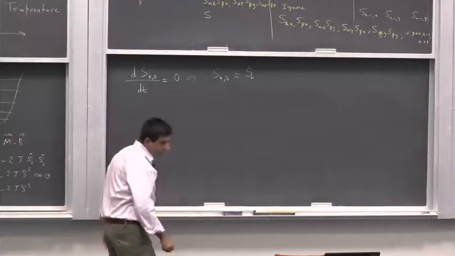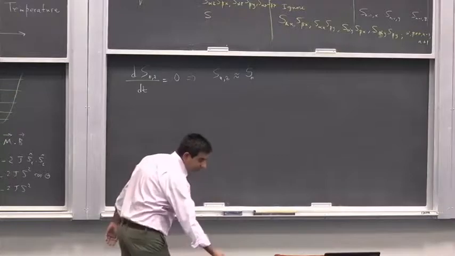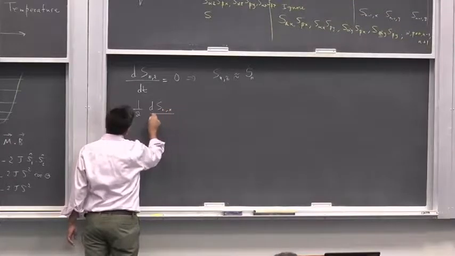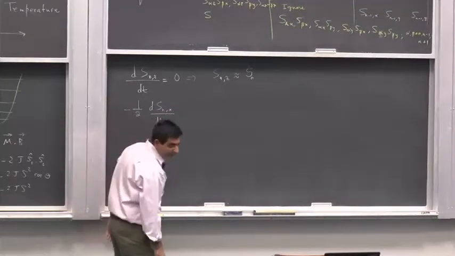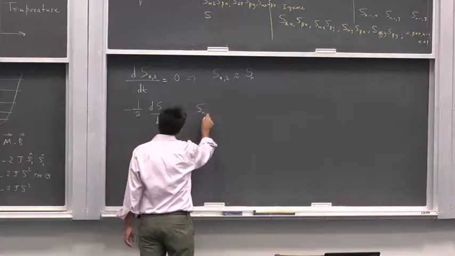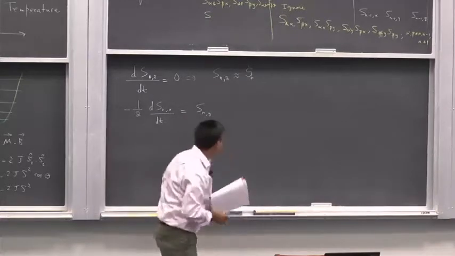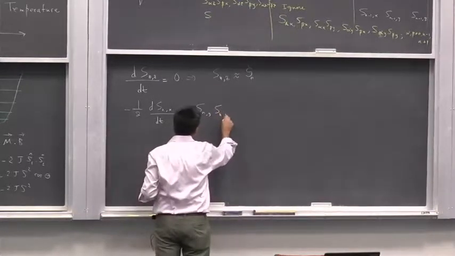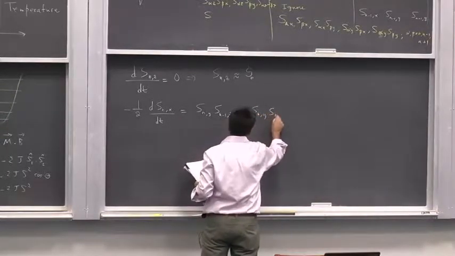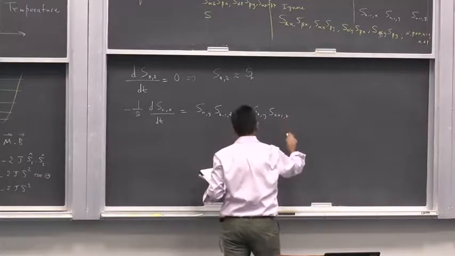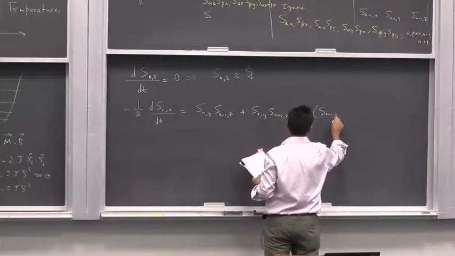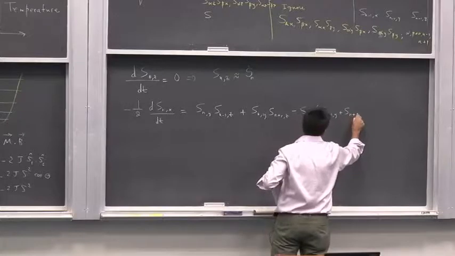The other two equations are the following. Minus 1 over 2j dSn's x component, derivative with respect to time, is Sn's y component multiplied by Sn minus 1's z component, plus Sn y component Sn plus 1's z component, minus Sn minus 1 y component plus Sn plus 1 y component.